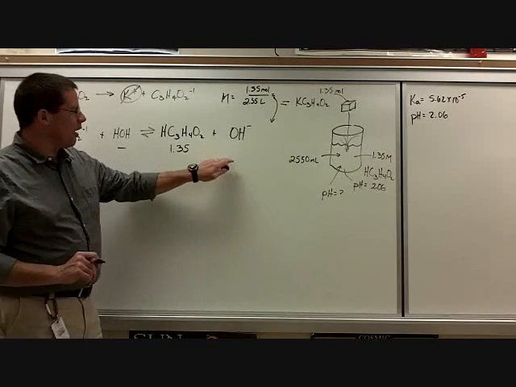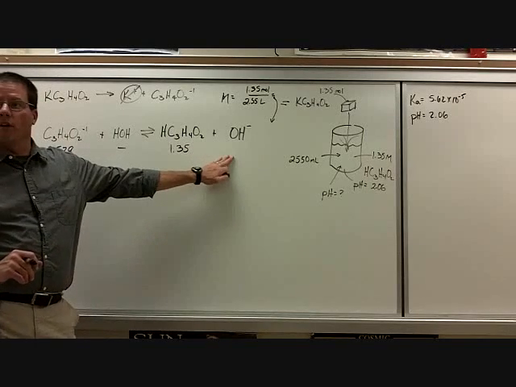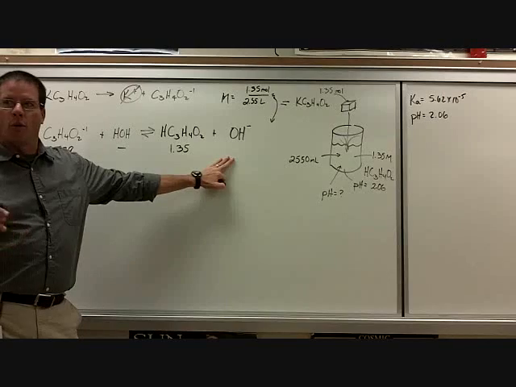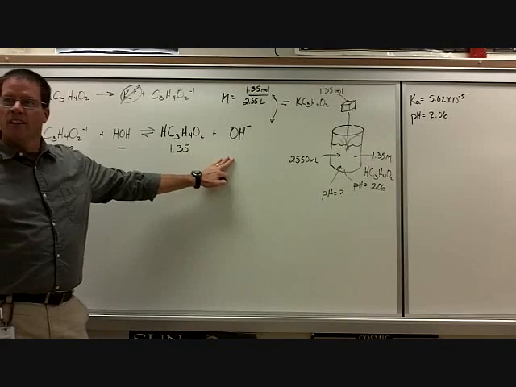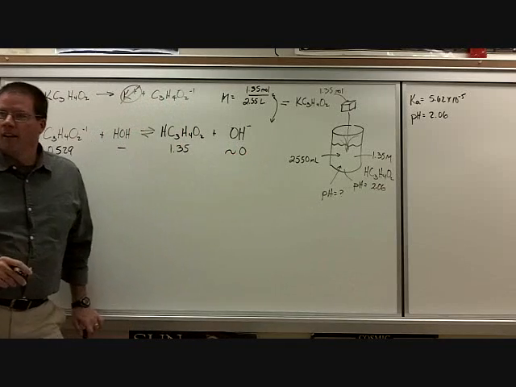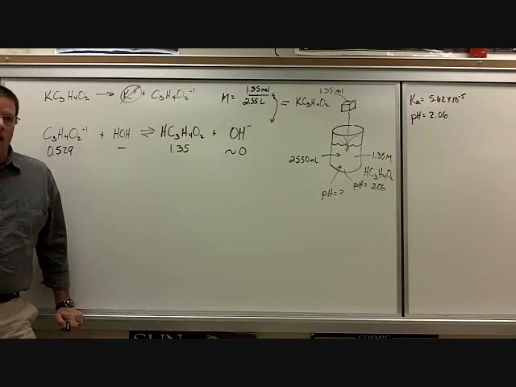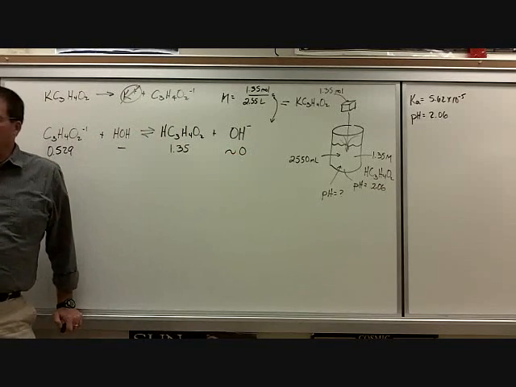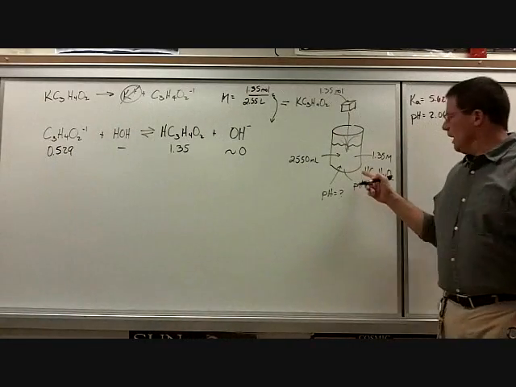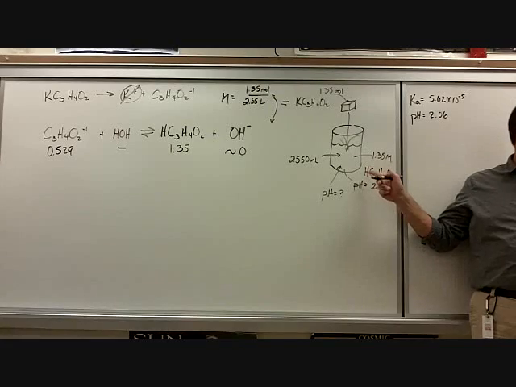Oh, and the hydroxide. How much hydroxide do we have here? This is a trick. Don't say 0. Good. We have approximately 0. It's a value so small that we don't want to write it down. However, do realize that our system is at equilibrium here from the previous step.